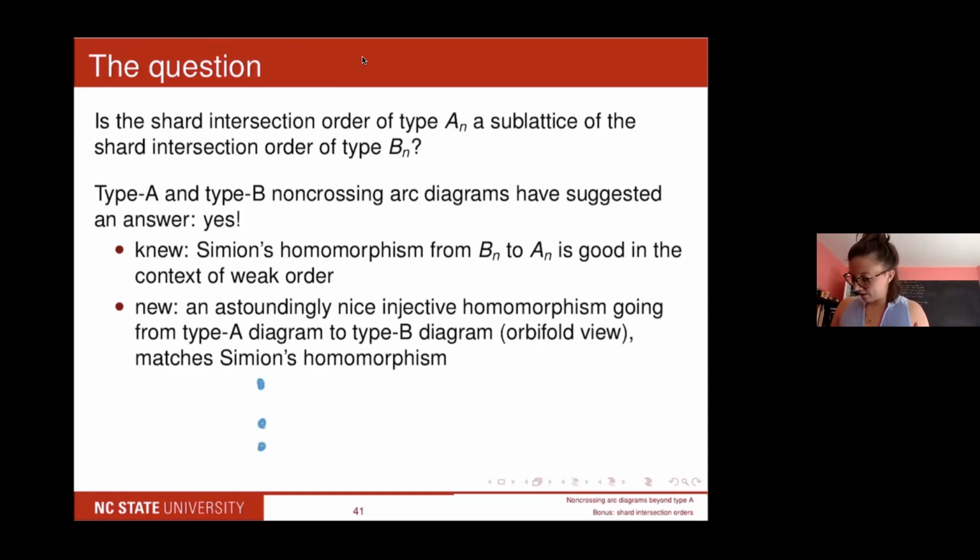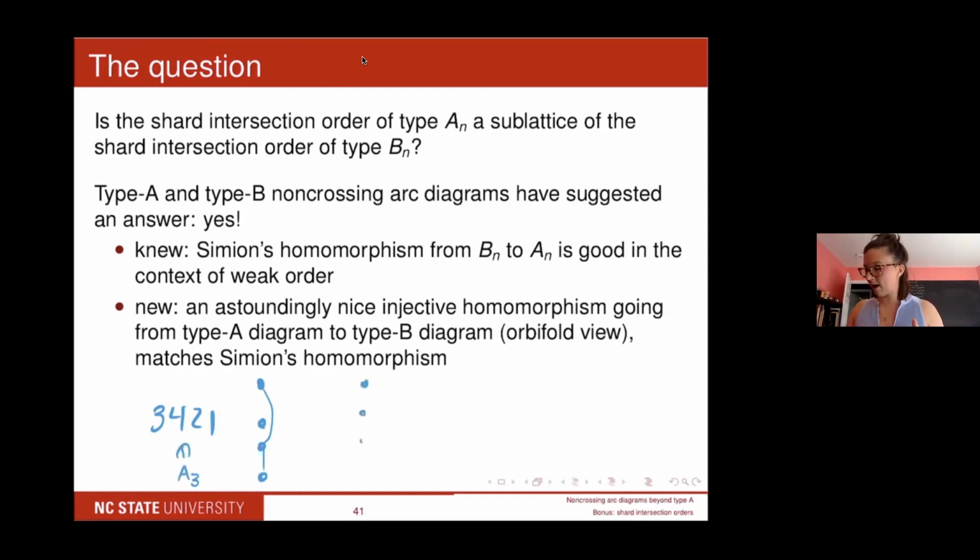So just a brief example, if we've got the non-crossing arc diagram in type A, this is 3, 4, 2, 1, in type A3.